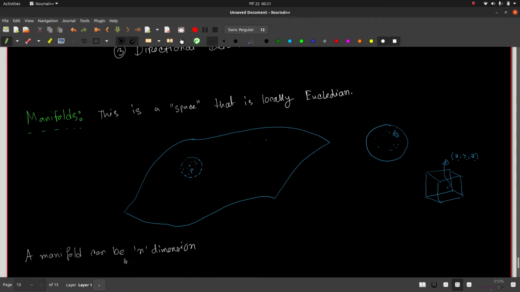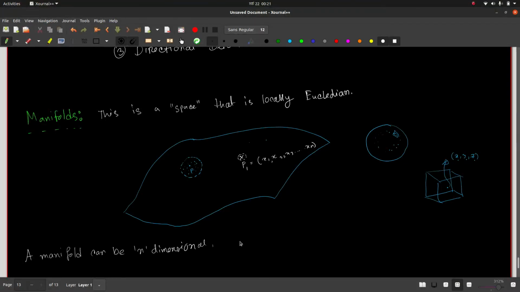So a manifold can be n-dimensional, and by this we mean that every point in that manifold, let's say P1, will be completely characterized by some n numbers, and let's call those numbers x1, x2, x3, dot dot dot, x of n. That means if you want to pinpoint a point on the manifold, you will need to have n entries.